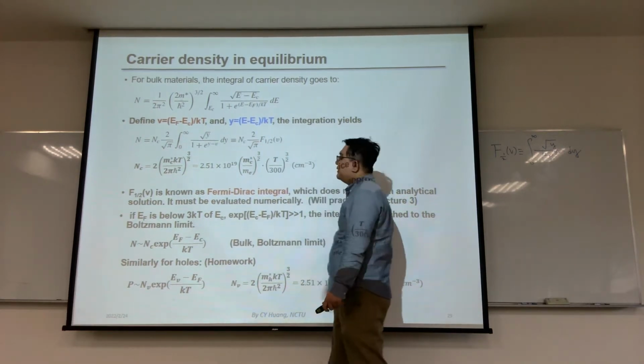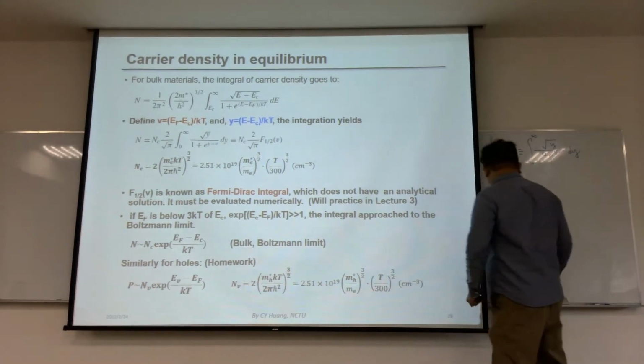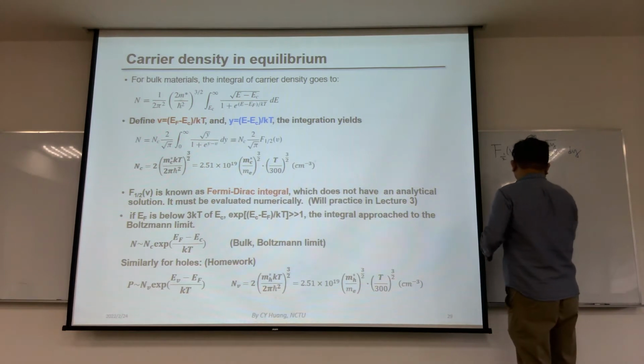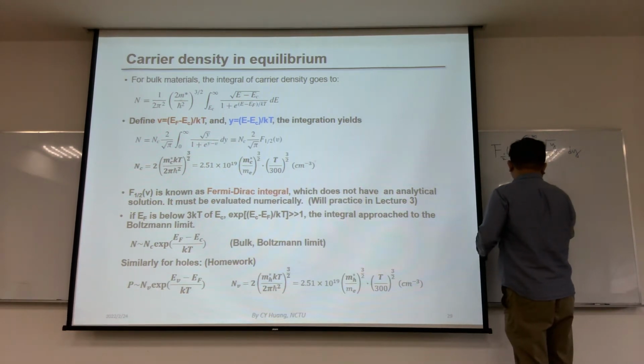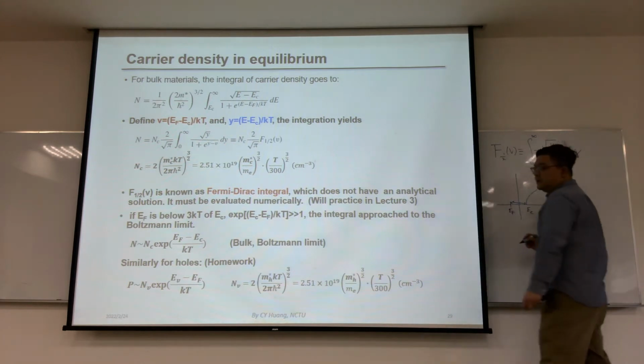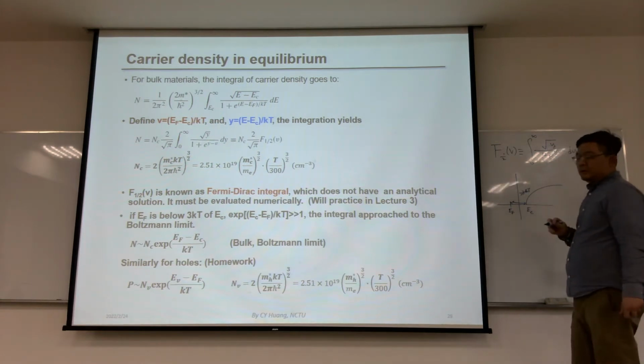That's because if EF is larger than a few kT, for example larger than 3 kT, what does that mean?